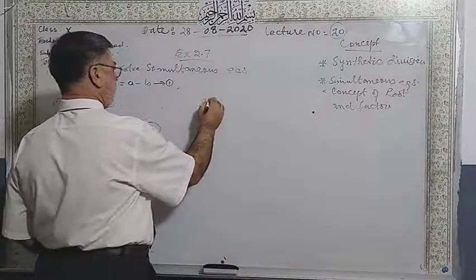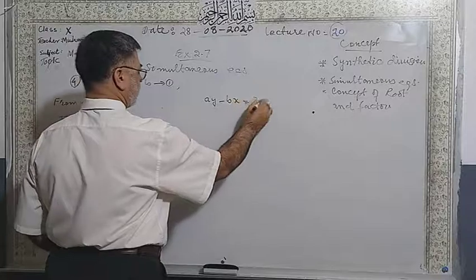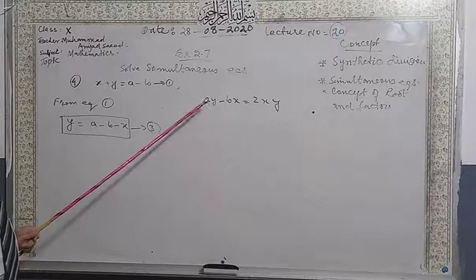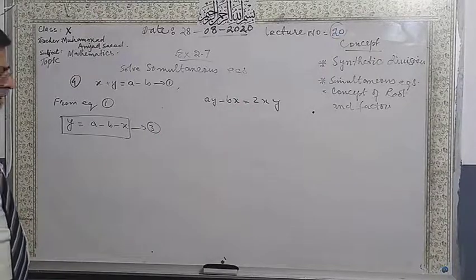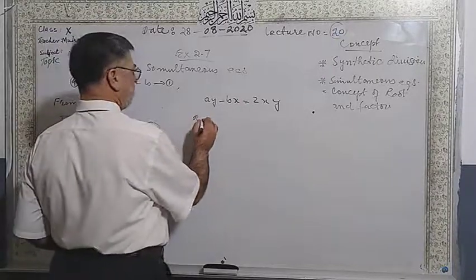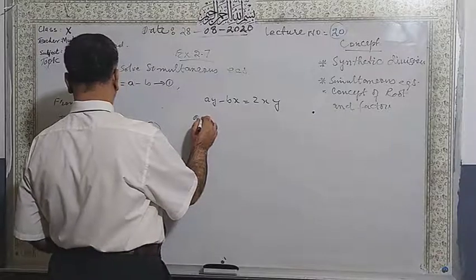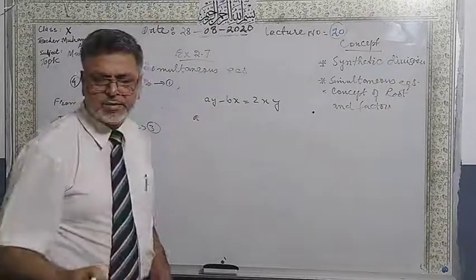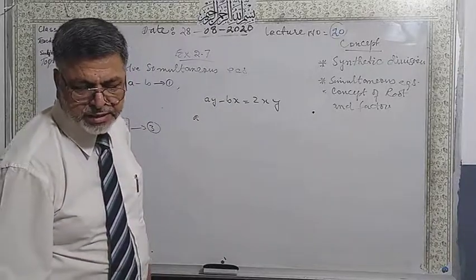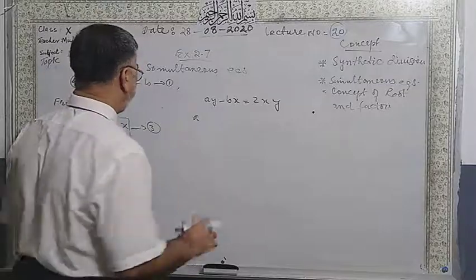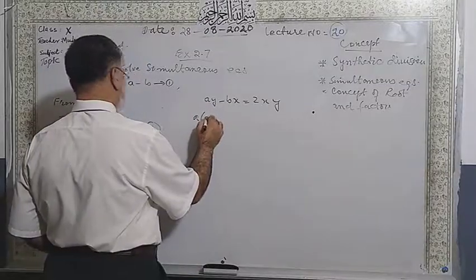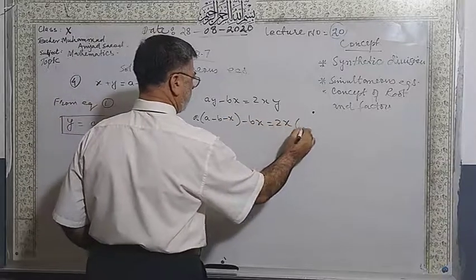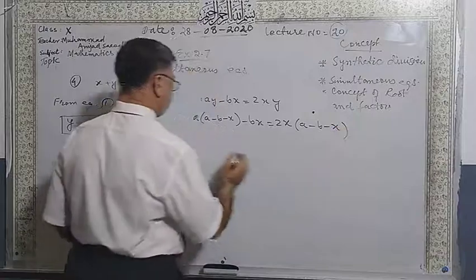It was ay minus bx is equal to 2xy. We have to apply the values of y. a into (a minus b minus x) minus bx is equal to 2x into (a minus b minus x).